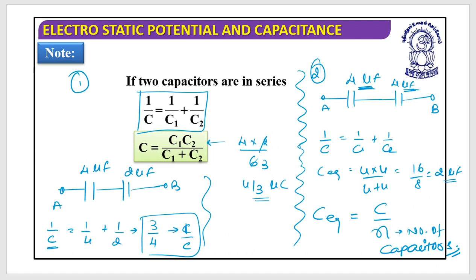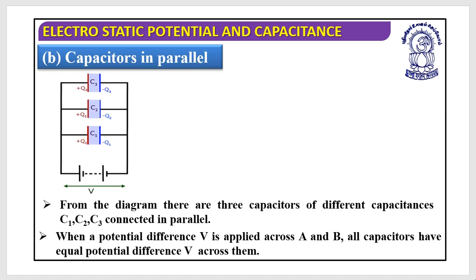So first let's look at the capacitors when they are connected in parallel, and then we will go to the numericals and have a look at how questions can be done. Let's look at this: this is the first capacitor, this the second, and this the third, and these three capacitors have been connected in parallel with a battery of voltage V. Whatever the total charge is, Q1 amount of charge will flow through this, Q2 through this, and Q3 through this.